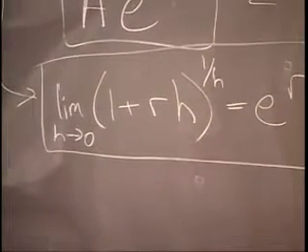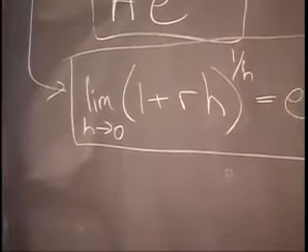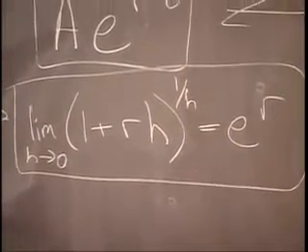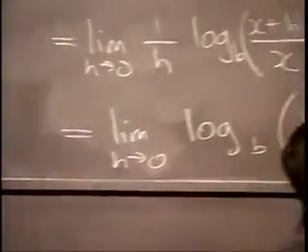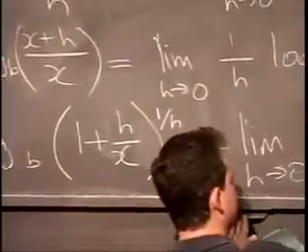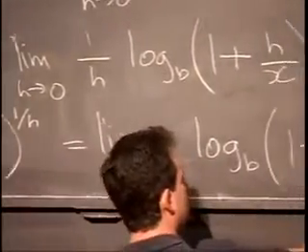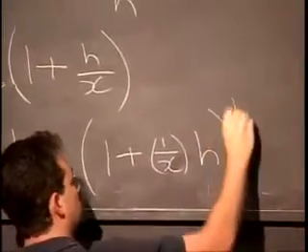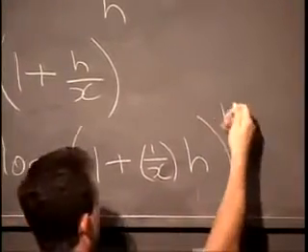Mentally replace r by 1 over x, and you see that you get this one. In fact, I'll make it even easier by spelling it out. Wait, I still need the limit. One plus 1 over x times h to the power 1 over h.